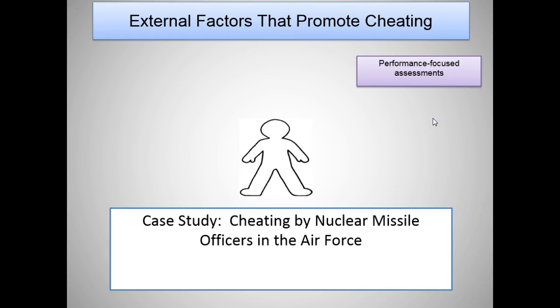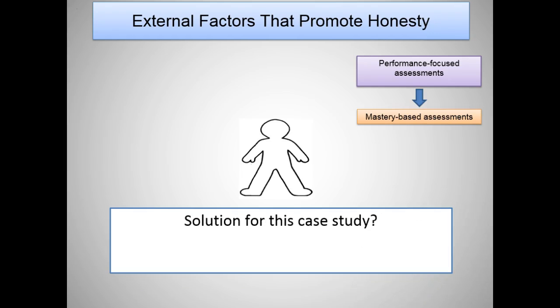So we might think about the difference between performance-focused assessments and mastery-based assessments. So what's the difference here? Mastery-based assessments are more long-term, right? They're more based on, over the course of a semester, what has a student been able to demonstrate that they can do?